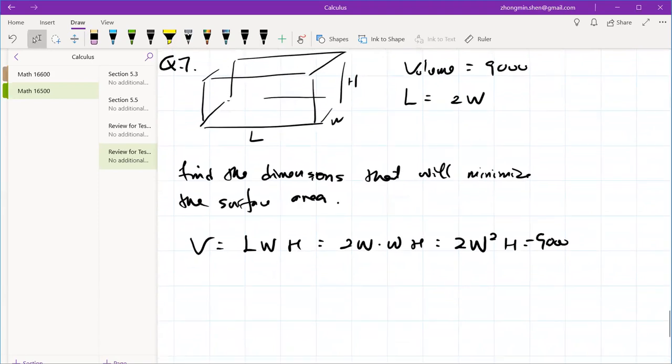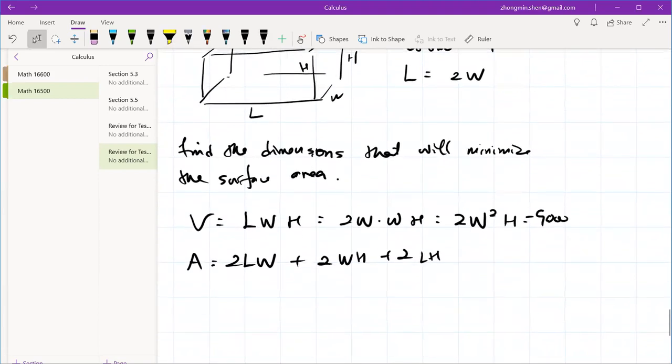Let's find the surface area. The bottom and top parts: twice LW. Twice WH, the left and the right sides. And twice LH, the front and the back side.